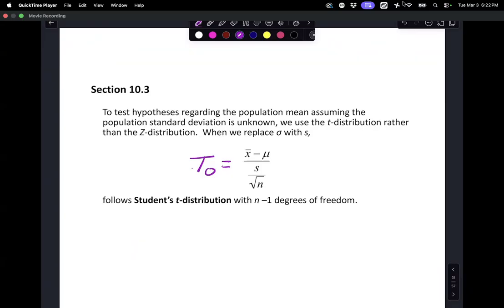So our new standard deviation, or standard error, those are the same thing, is the sample standard deviation based on your sample divided by the square root of your sample size. Not n-1. Use n.